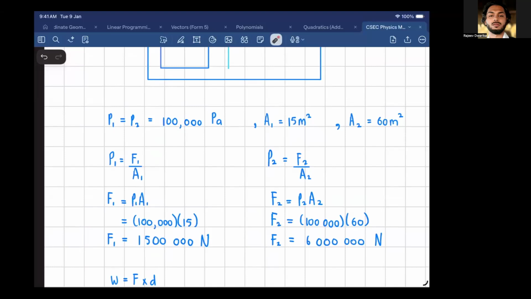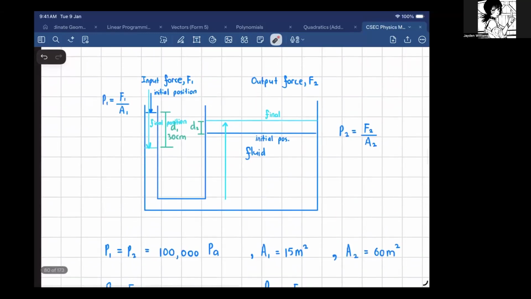This is an example. I said that P1 is 100,000 and the area was 15. So we got F1 to be 1,500,000. Stay with me so far. We just agreed that the area for this piston would be less than the area for this piston.